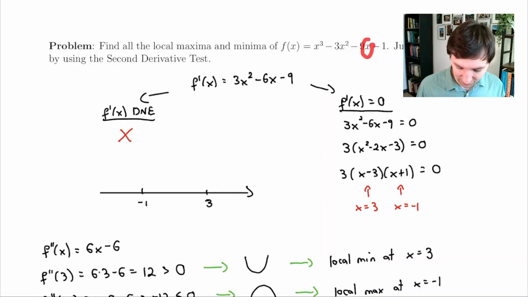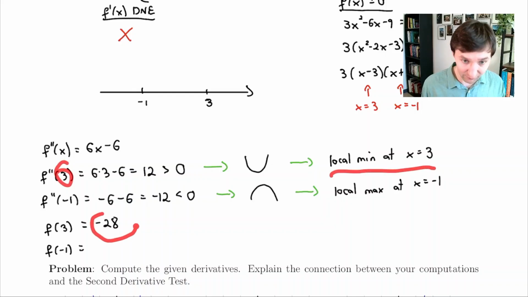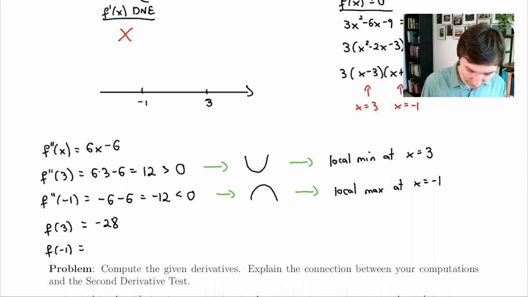I plug in 3 here, I get -9 times 3, -27. Minus 1 gives me -28. When I plug in 3, I get -28. And I knew that at 3, I am getting a local minimum, which tells me that this is my local minimum.